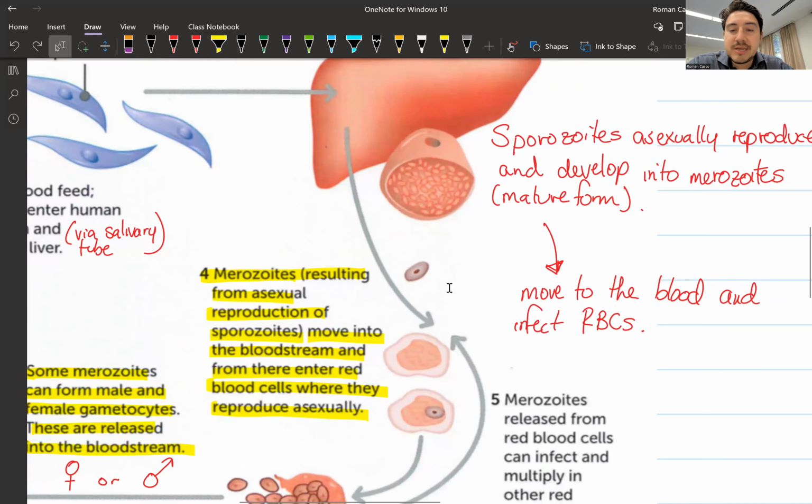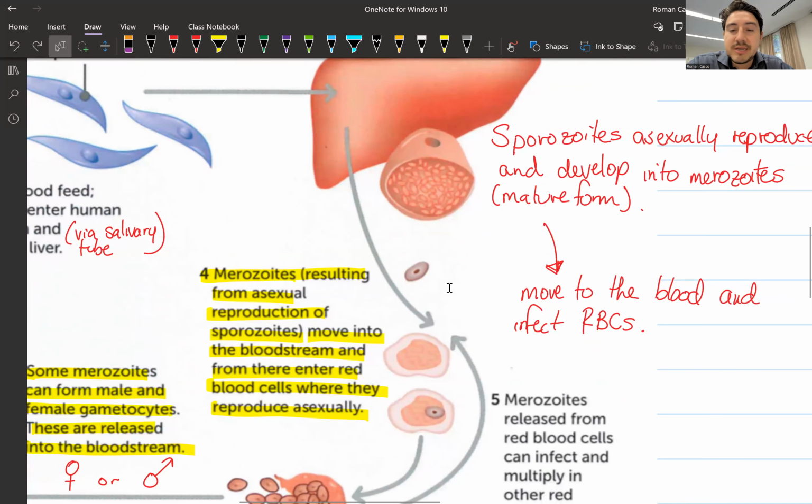Then these little cells either infect more red blood cells, which happens, or, one thing I want to mention is that as they're developing, they could be female or male reproductive cells. They can be male or female gametocytes, and they're also circulating in the blood.